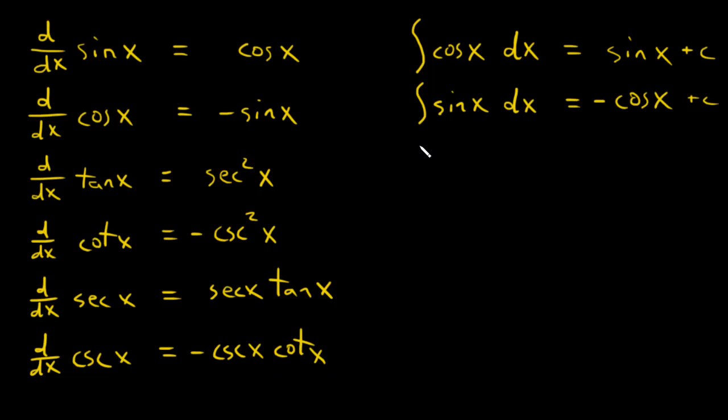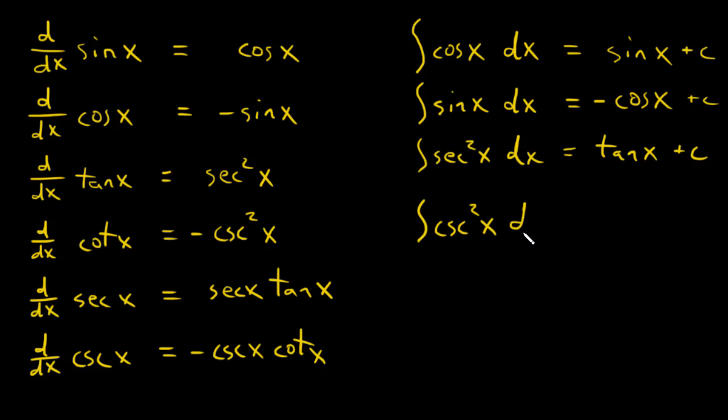So the integral of secant squared x dx is tan x plus c. The integral of cosecant squared x dx is negative cotangent x plus c.